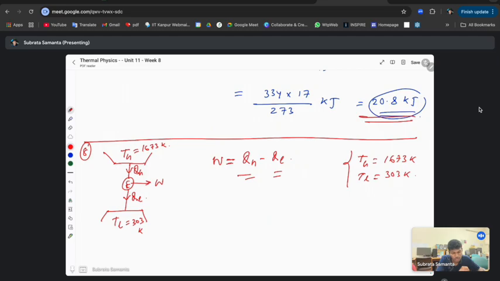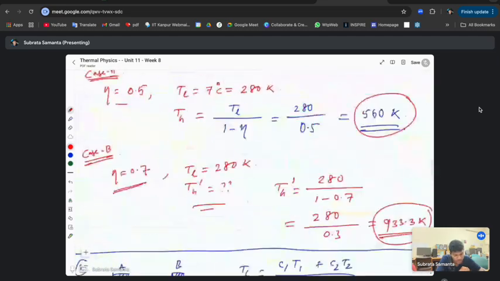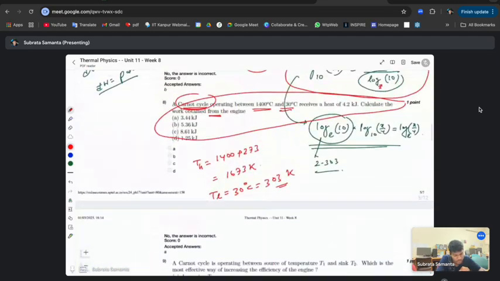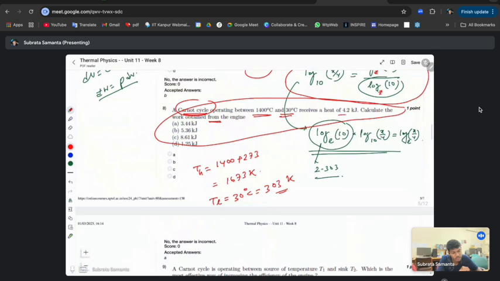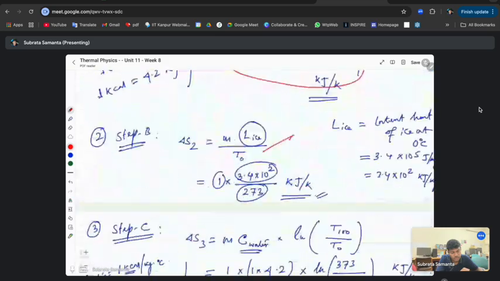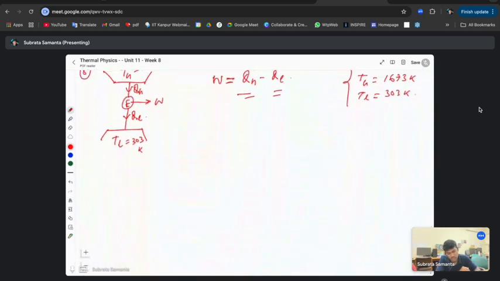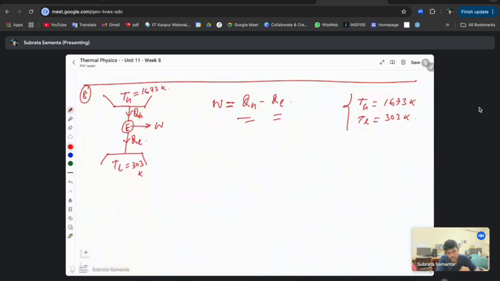You also know the heat received, 4.2 kilojoule. A Carnot cycle operating between these two temperatures receives a heat of 4.2 kilojoule. Receiving heat means QH, the amount of heat received by the engine, and it leaves QL amount of heat.